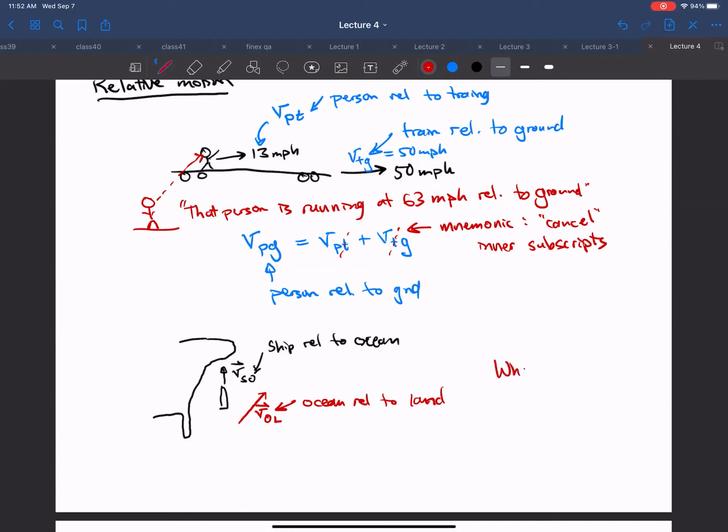So what is the vector for the velocity of the ship? And I'm not going to tell you the subscripts, but you should be able to figure them out relative to the land. Work on that on your own briefly.